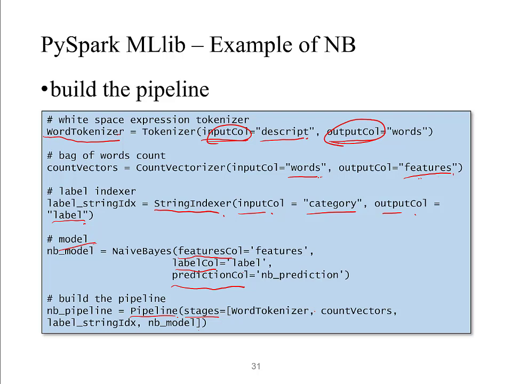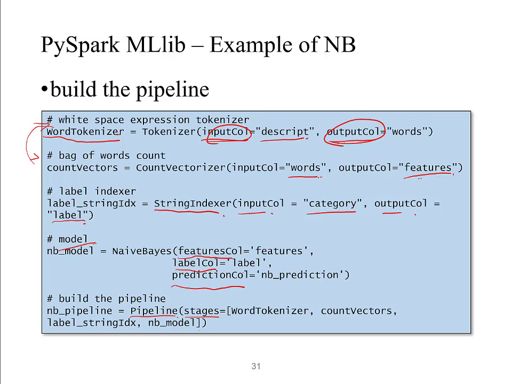You can imagine if you switch the order of the word tokenizer and the count vectorizer, then the input column of the count vectorizer, you don't have it in the original data frame. That's why you need to do the word tokenizer first.